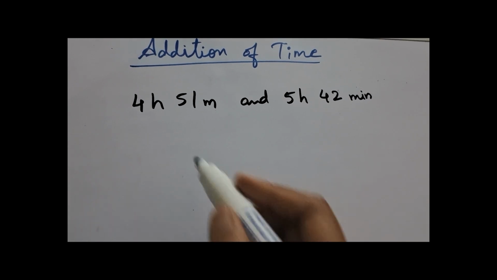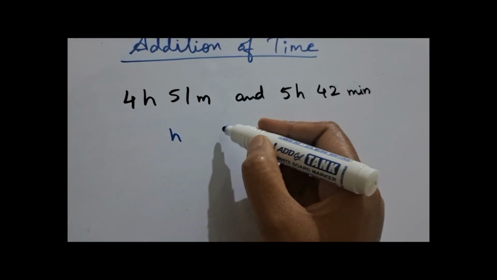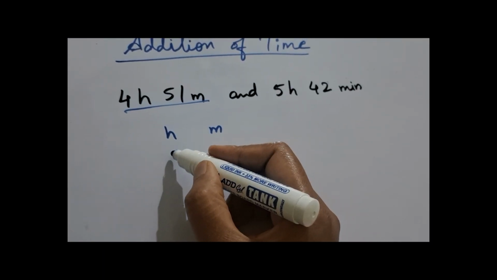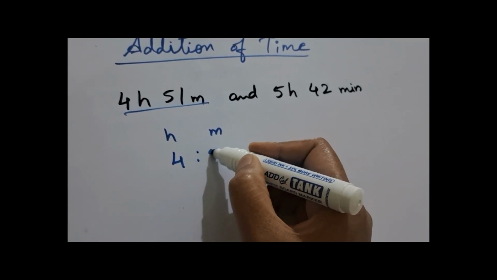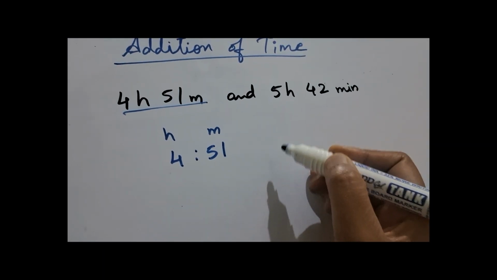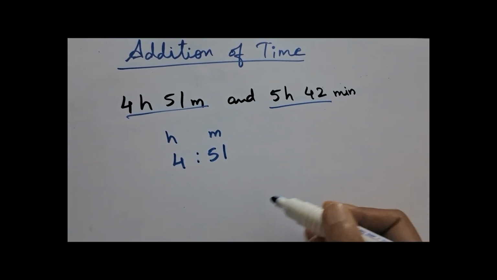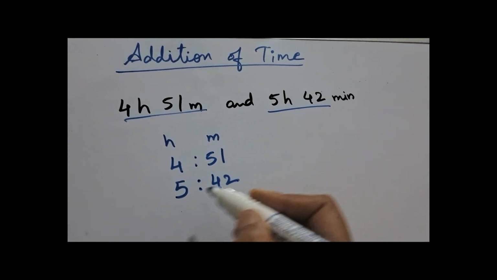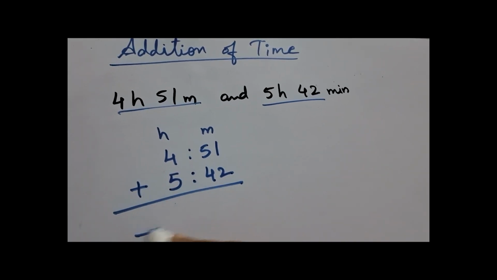Now add these two timings, children. Hours, minutes. 4 hours 51 minutes. So this is 4 hours 51 minutes. This is 5 hours 42 minutes. 5 hours and 42 minutes. Okay, now we will add these two.